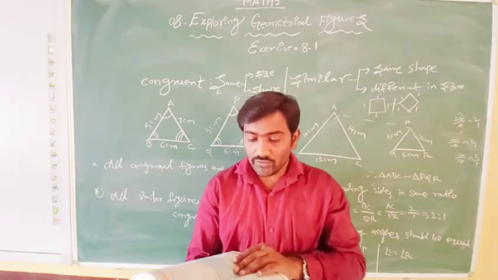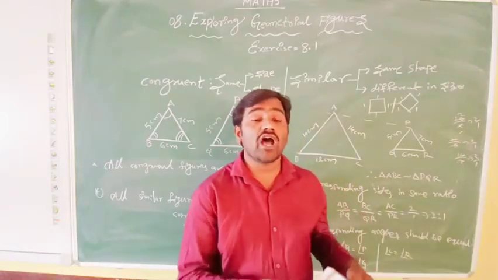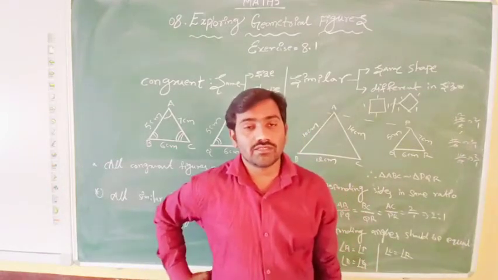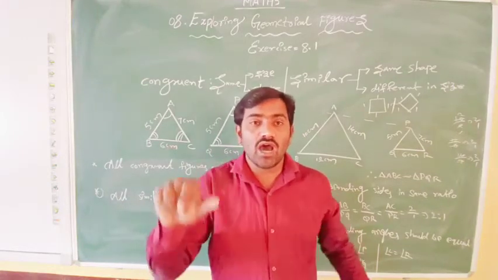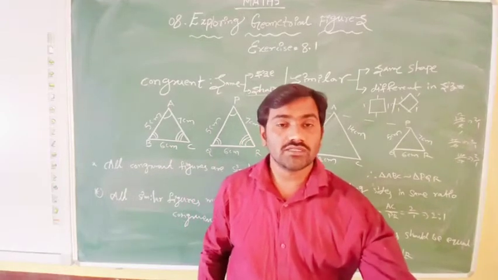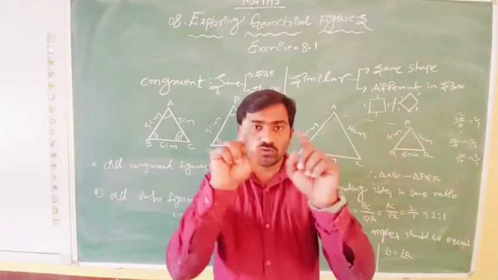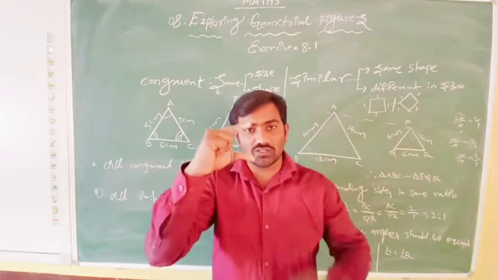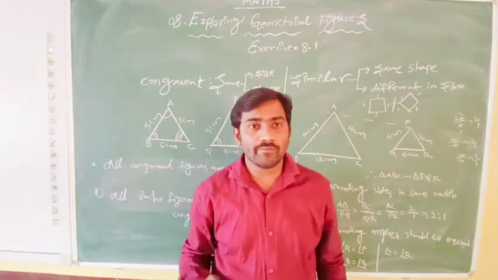Here you can see reduced or enlarged figures are always similar. Reducing or enlarging of figures. Suppose you have a passport size photo, you have given it in a flexi shop.